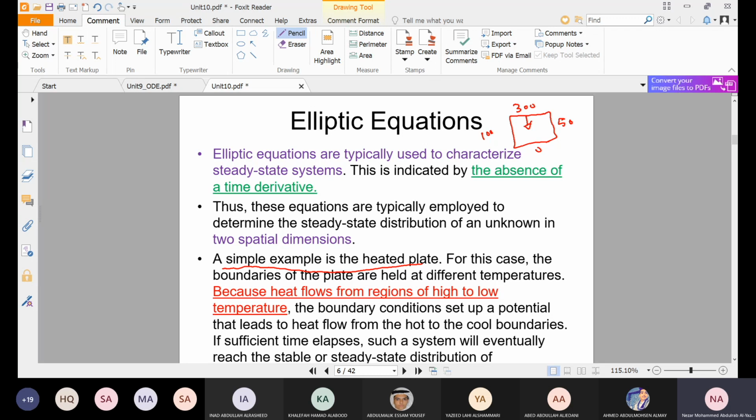So by knowing these boundaries, we can start computing the temperature at the inner nodes, the distributed nodes inside. We compute this at steady state.